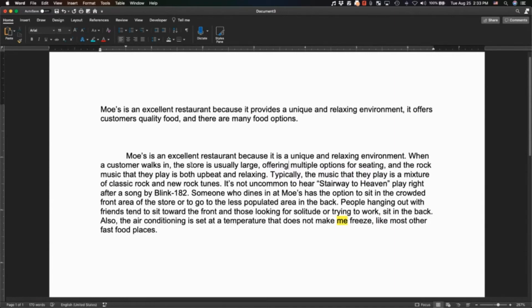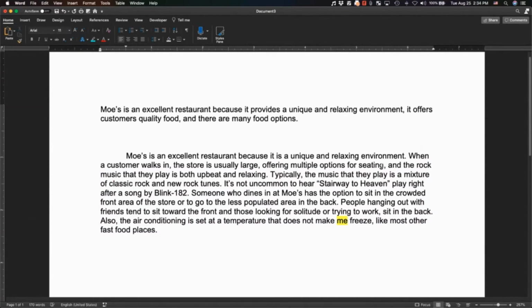But now if you notice, this idea of the physicality of the restaurant is something that we don't start to focus on until down here, right? And the rock music, which comes at the end of that sentence, starts right away. So we'll want to make some tweaks there.